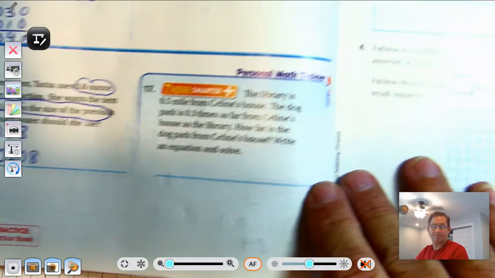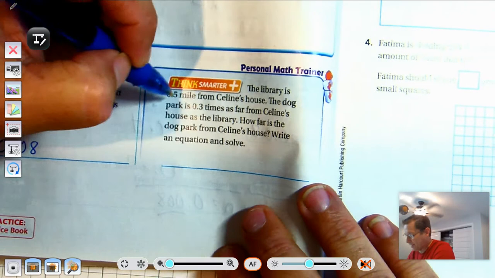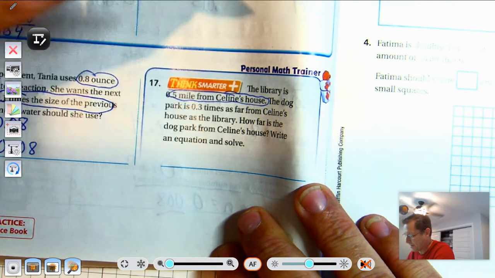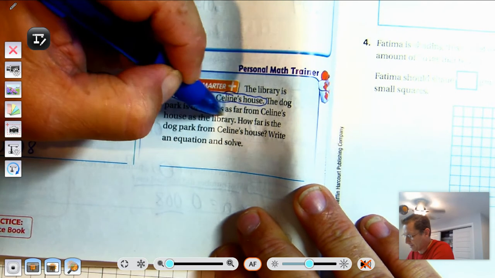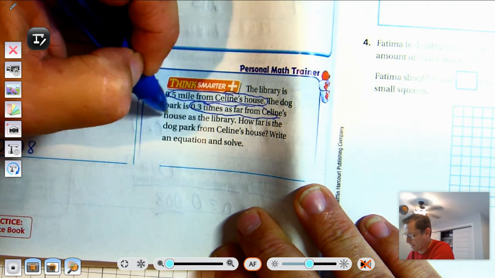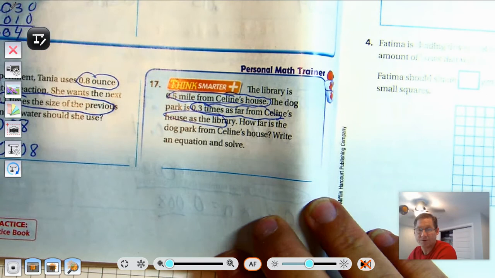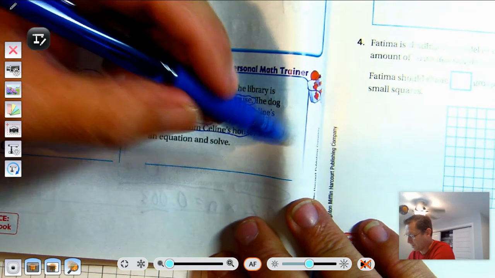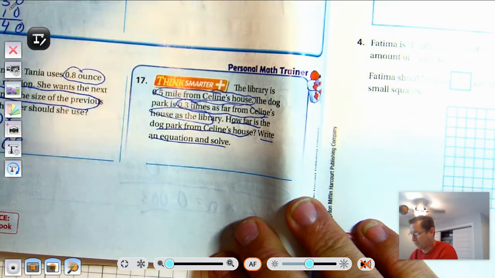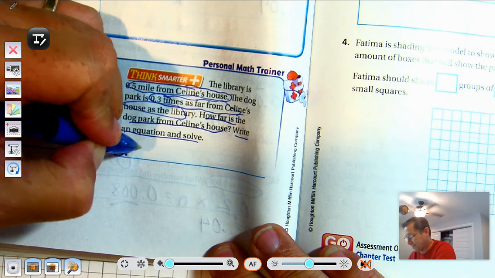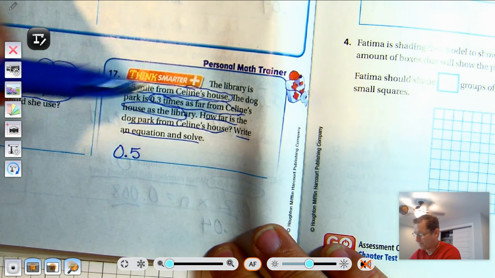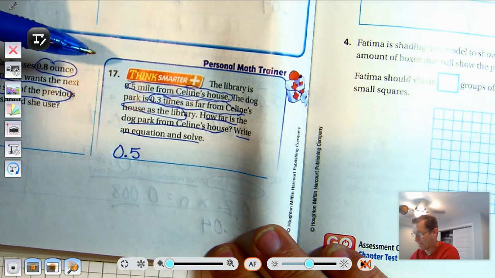And 17. The library is 5/10 mile from Celine's house. The dog park is 3/10 times as far from Celine's house as the library is. How far is the dog park from Celine's house? Write an equation and solve. Okay, so what are we doing? We're doing 5/10. That's the distance from her house to the library.